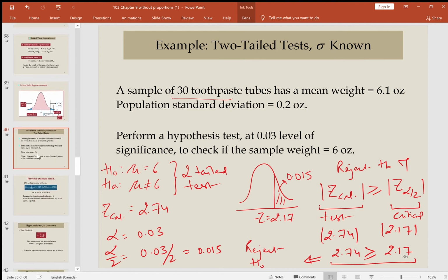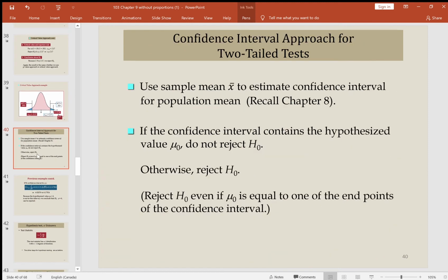Now let's look at the confidence interval approach that we learned in chapter 8, in which we use sample mean x bar to estimate a confidence interval for the population mean. Mu is equal to x bar plus minus z alpha by 2 times sigma divided by square root of n.